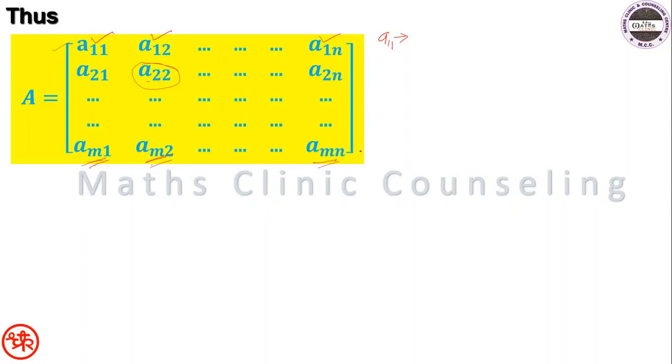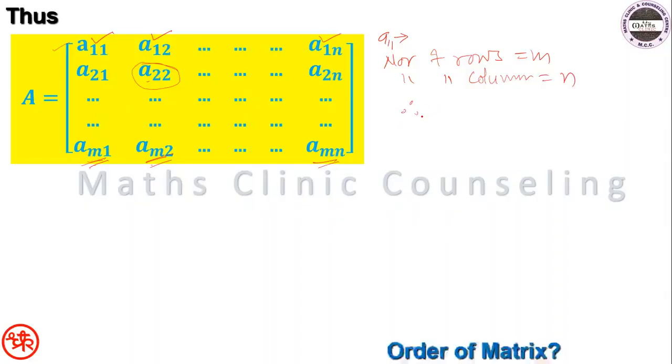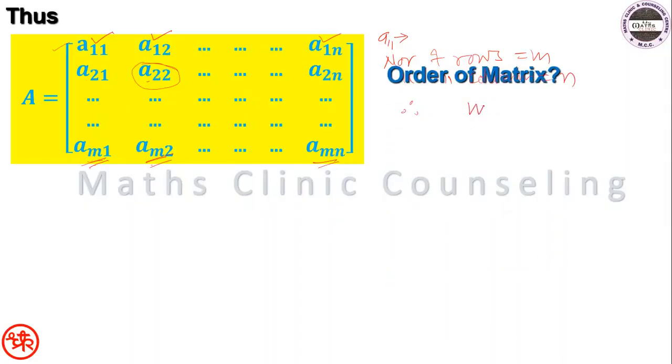Now what is the order of this matrix? Number of rows. How many number of rows are there? 1, 2, 3 up to m. So number of rows is m. Number of columns, how many? n. And therefore the order of the matrix is m by n.